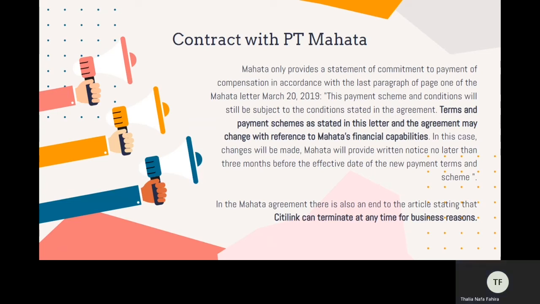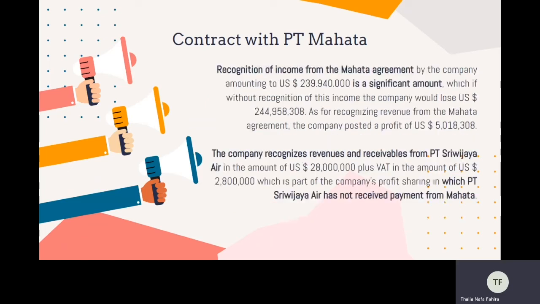Recognition of income from the Mahata Agreement by the company amounting to $239 million is a significant amount, which, without recognition of this income, the company would lose approximately $244 million US dollars.